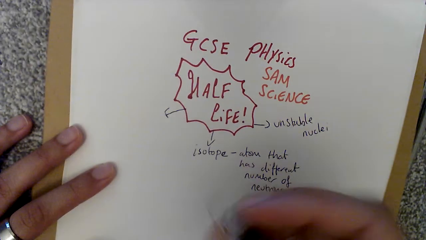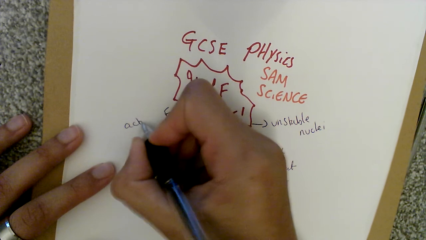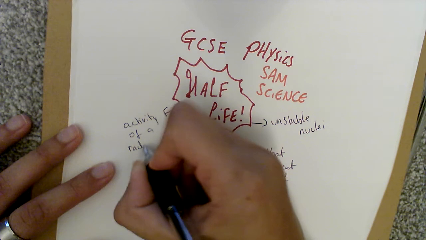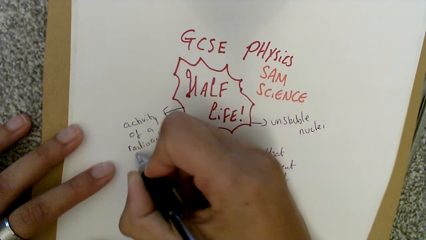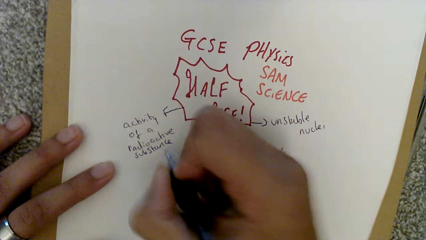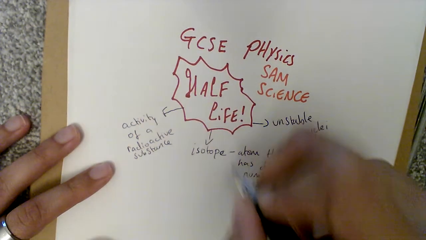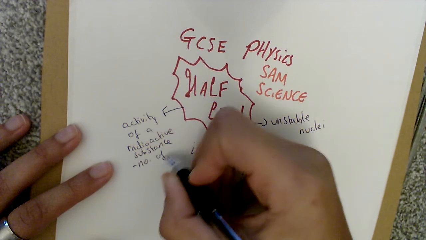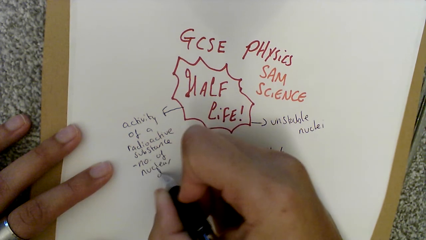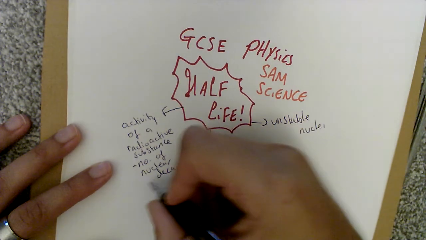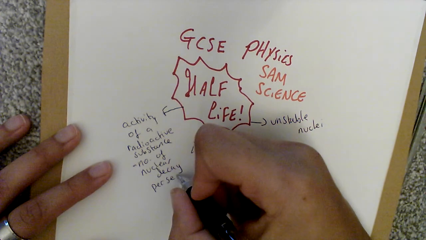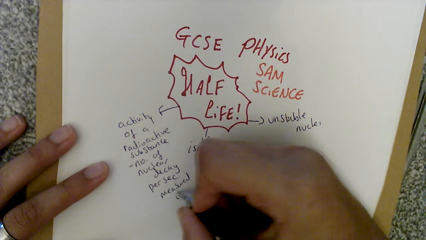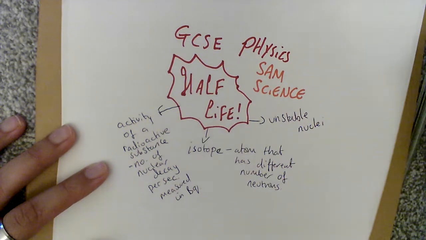So activity of a radioactive substance is the number of nuclear decays per second. Okay, and that's measured in what we call BQs, or we can use BQ for short.